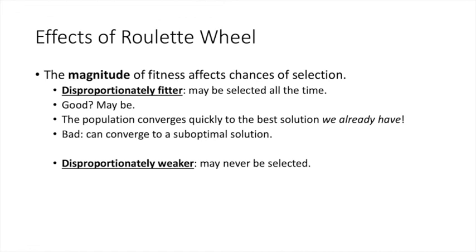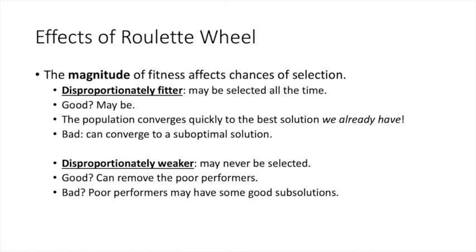So what are the chances that you will find something better by just searching randomly? Normally, when a population is converged, we stop. But losing the poor solutions due to a high selection pressure may be good because it quickly removes bad performers, but may also be bad if these poor solutions contain some good sub-solutions that are not there in the better solutions.